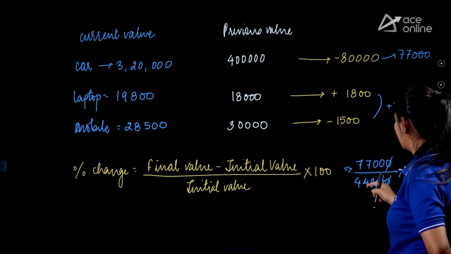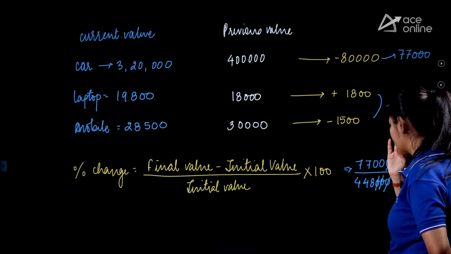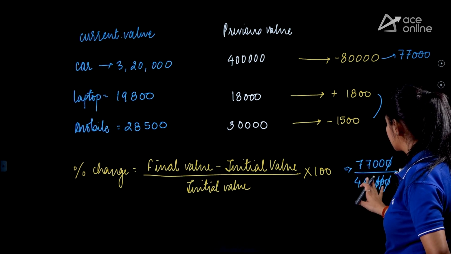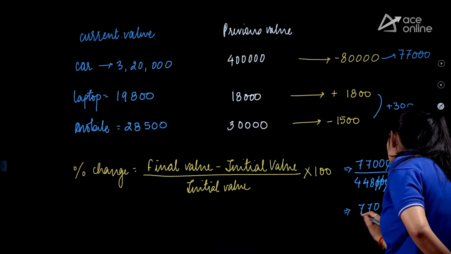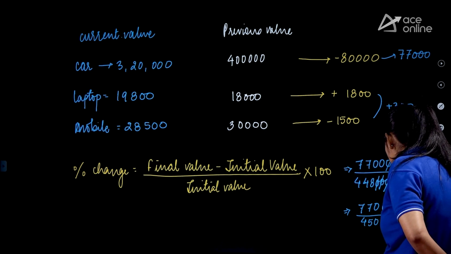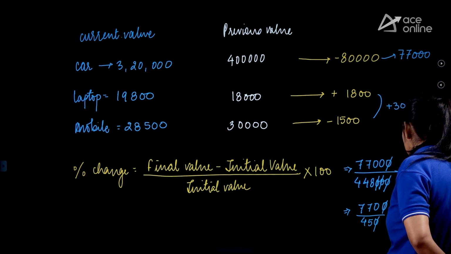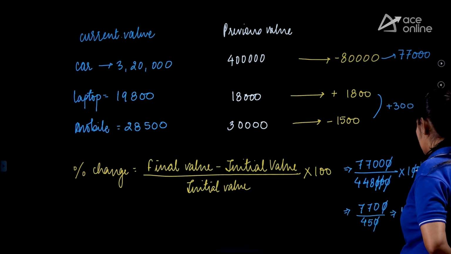Now if I consider it as 450, 45, I can write it as 770, and here we are having 450. So it is nearly equal to 1, and after that 7.8.